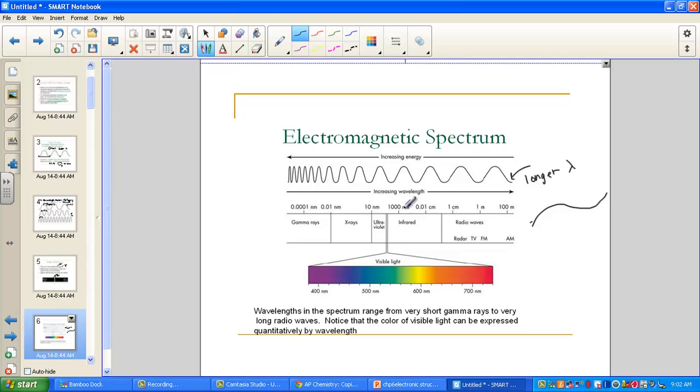A nanometer, here's what NM stands for. Nano is a metric unit representing 10 to the negative ninth. So if you see NM, that's a nanometer. Here we have X-rays and gamma rays, and in this tiny region here, just this little bit of the electromagnetic spectrum is the rainbow of color that our eyes can see.